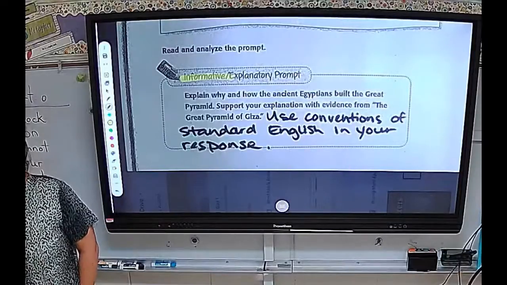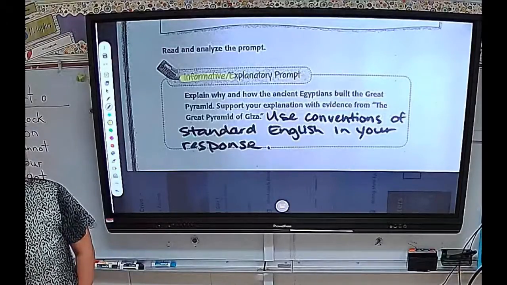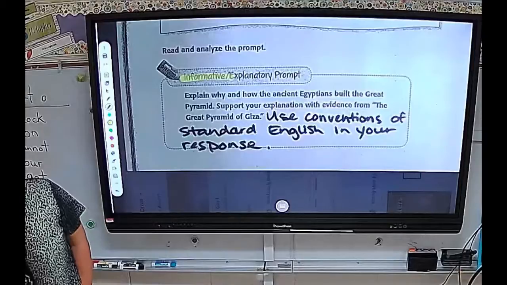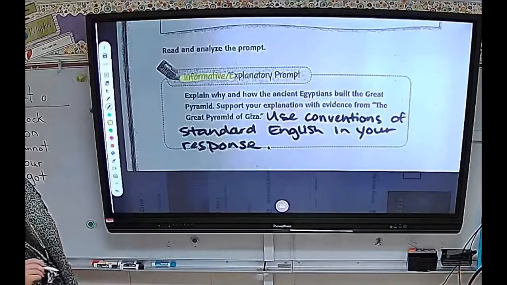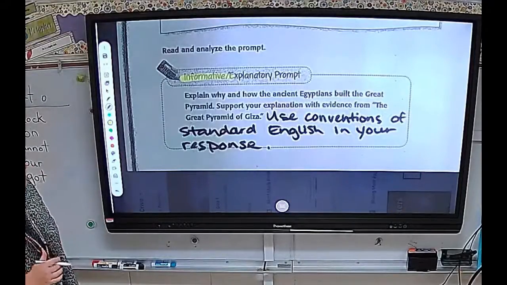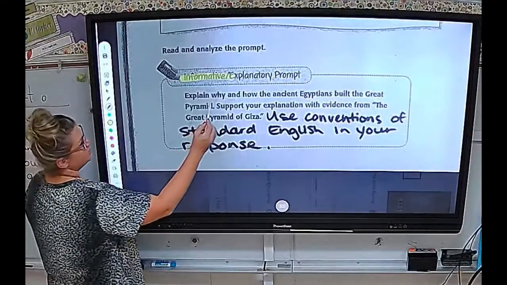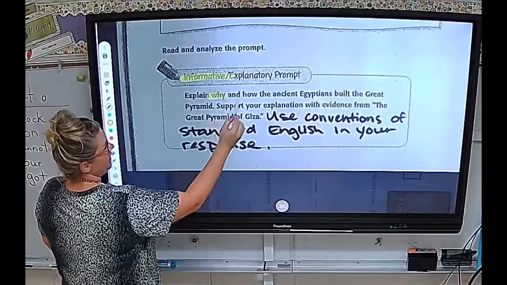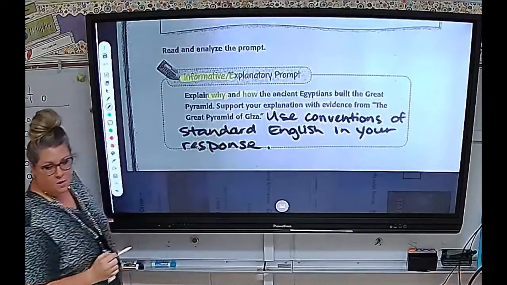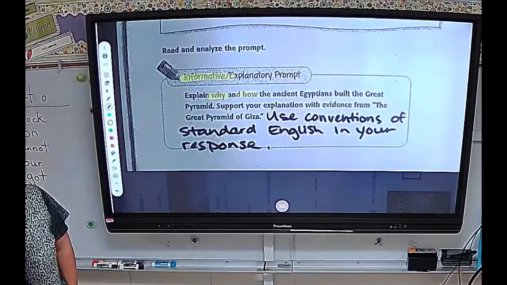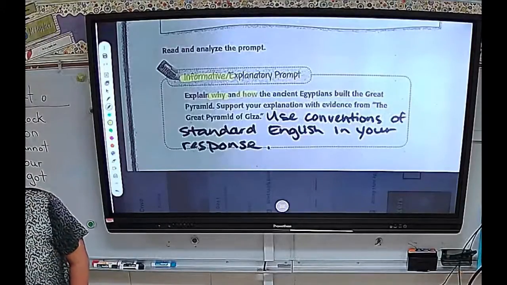You know you're writing an informational essay. If you don't have a highlighter, just circle it. All right. And then they want us to explain what? What are we going to do? We're going to explain why and how. Explain why and how.